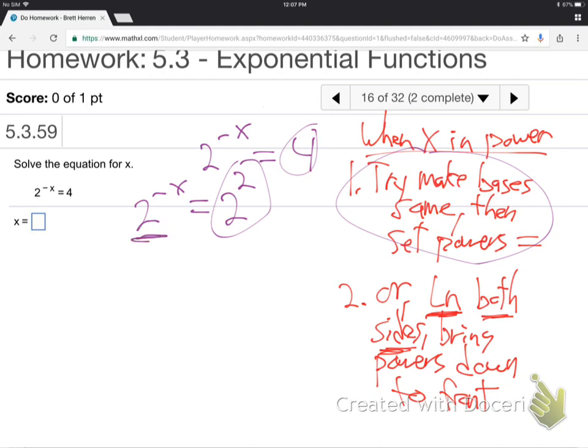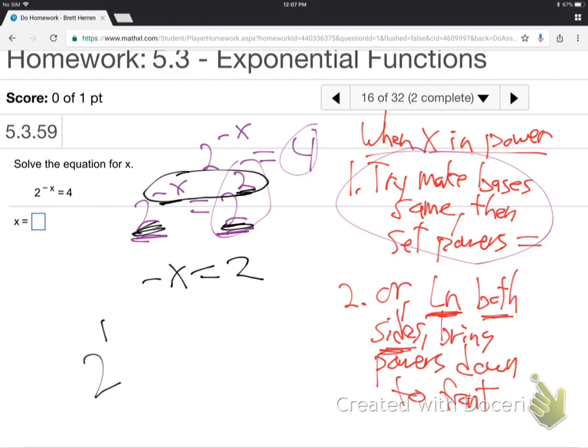And why would I do that? Well, because then I've made the two bases the same, haven't I? And once you've made the two bases the same, it's an easy question, because then you know the powers have to be equal. Why? Because if 2 to some power equals 2 to some other power, those powers have to be equal, or they wouldn't be equal if they were different.